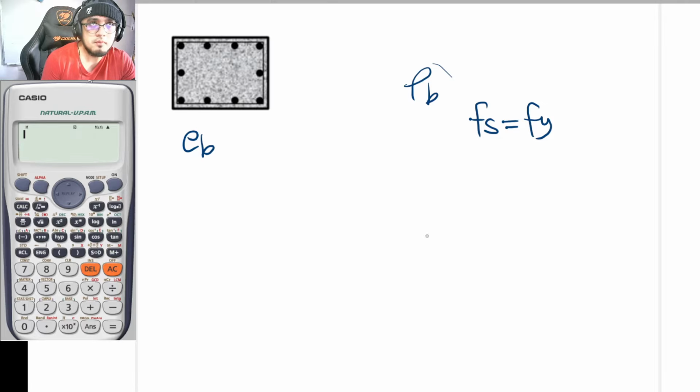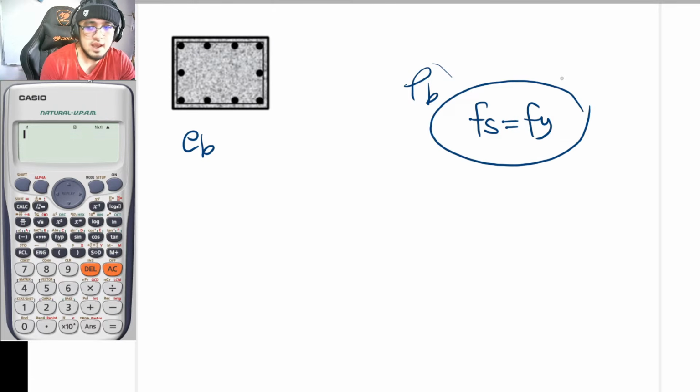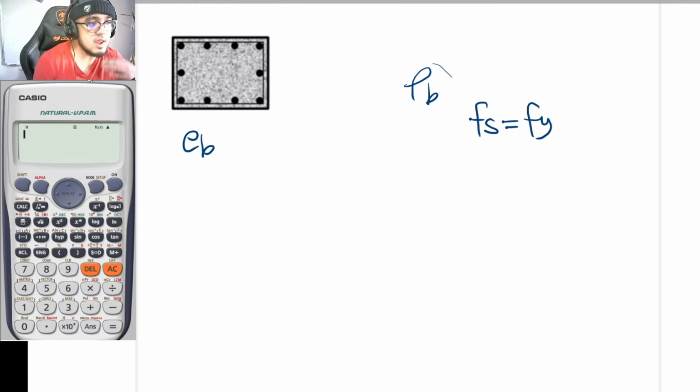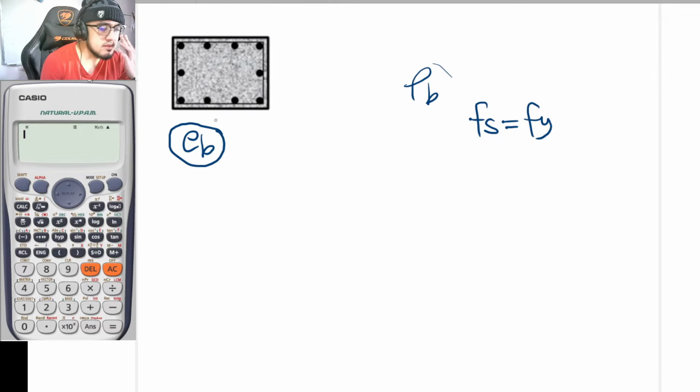In our boundary between compression controlled and transition zone, that interface is where Fs is exactly equal to Fy. So this is the eccentricity that would ensure that your outermost tension rebars would actually fail.